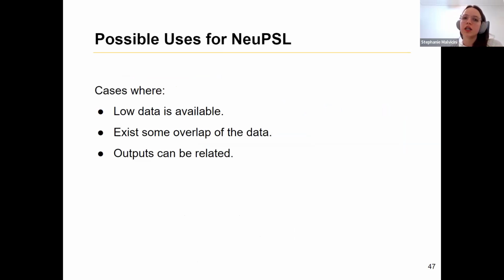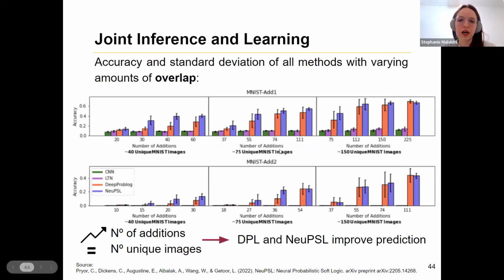And then the possible uses for NeuPSL are all the cases where we have low data available. Because I forgot to mention this, but in the examples we saw, the amount of data available was really low, like 40 unique images, 75 and 150.